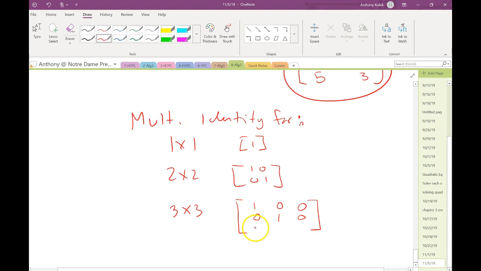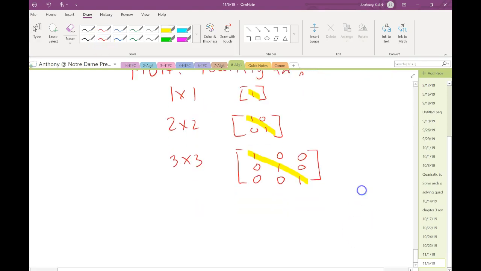The third row, what do you think the first entry is going to be? And the next entry, and the last entry, 1. So do you guys see a pattern now if you look at these 3? Where are the 1s at? Down that main diagonal. Where are the 0s? Everywhere else. So what's the 4 by 4 going to look like?